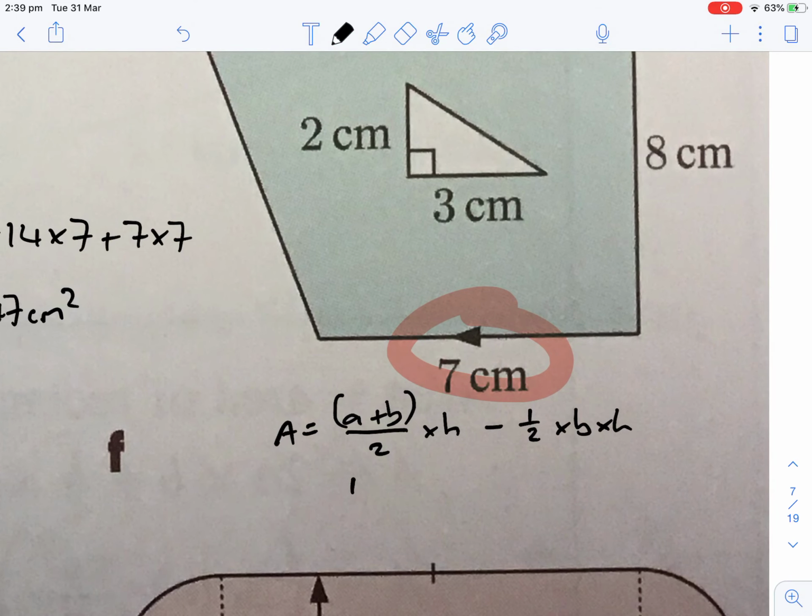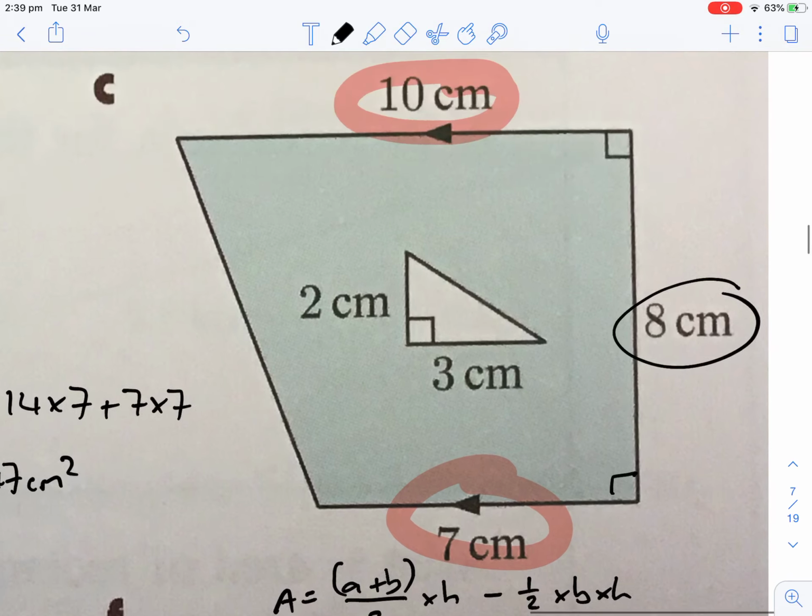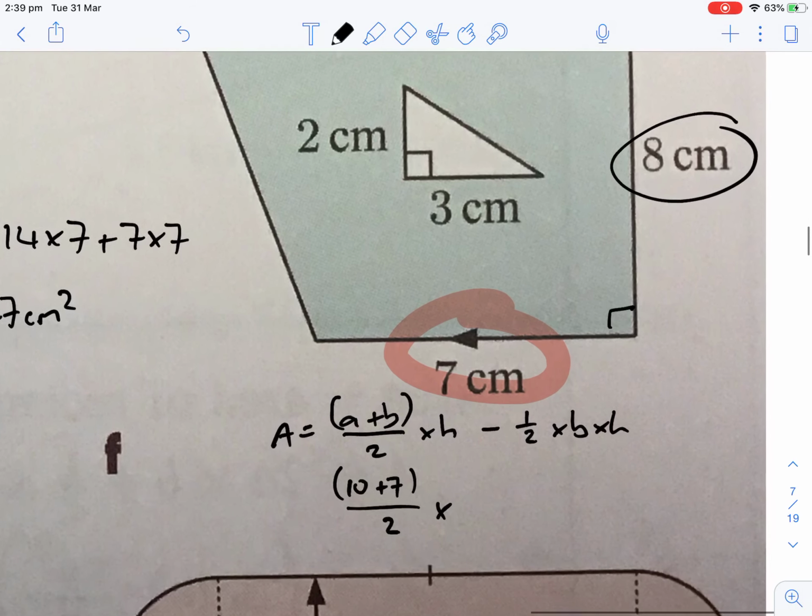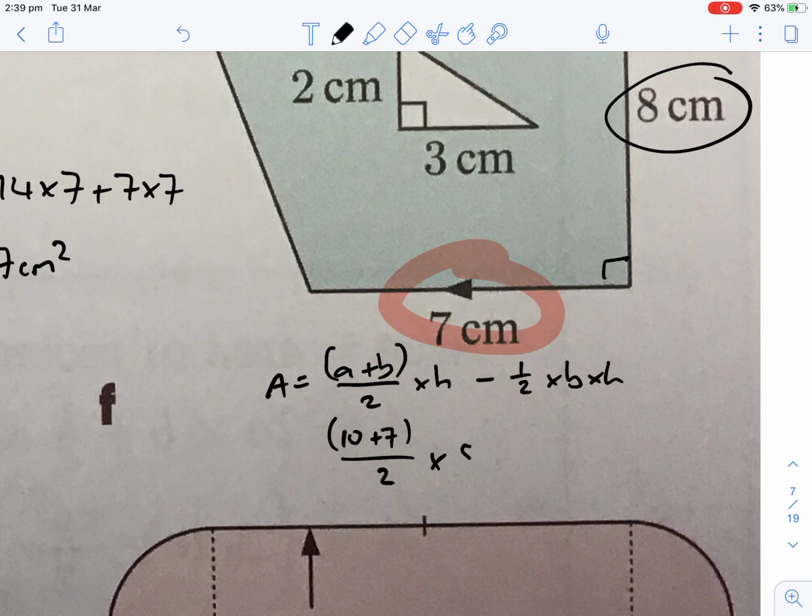So when I substitute into here, it's my 10 plus 7, divide that by 2, timesing it by my height, which is this measurement. They haven't shown a 90, but they have at the top. So we know that that's the height, so I'm timesing that by 8.